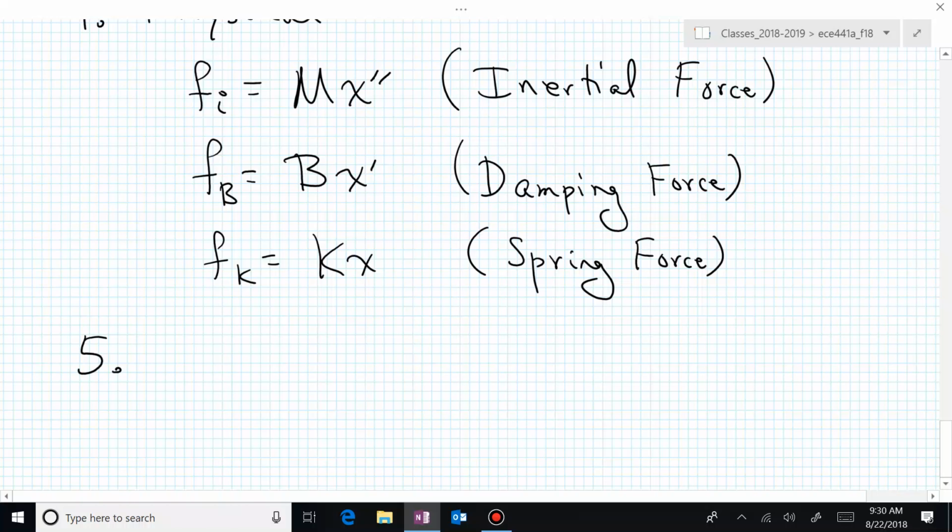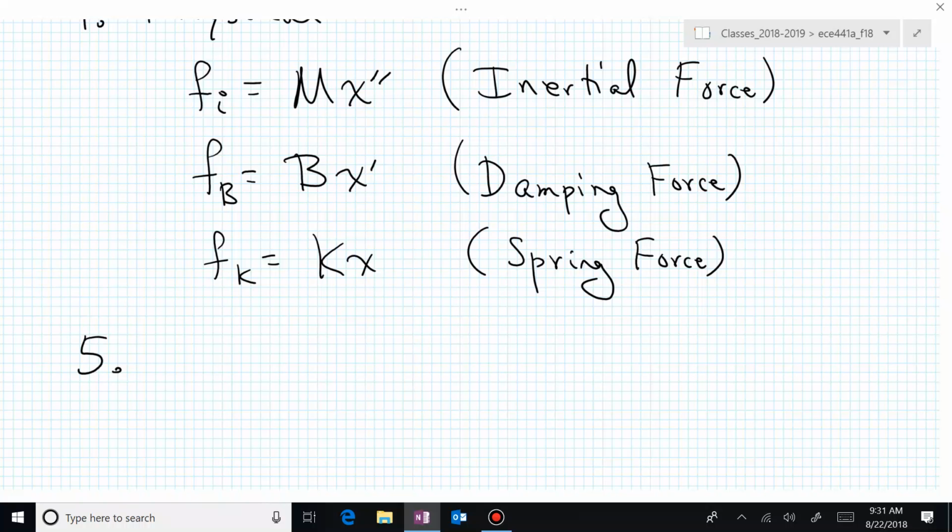Step 5 is simply putting all of this together. We substitute for F sub I, F sub B, and F sub K, using these right-hand sides, into the equilibrium equation. That gives us our second-order differential equation that describes the dynamic behavior of this mass spring damper system.